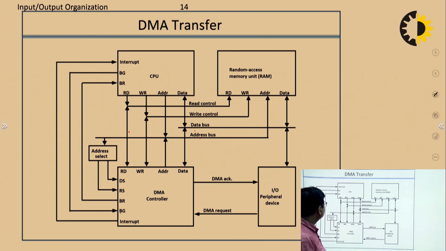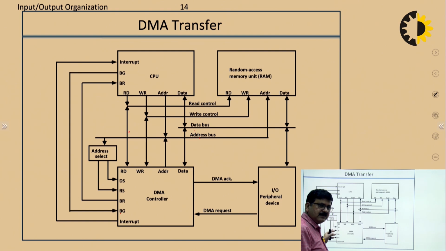So what does the CPU do? When it gets the bus request, then the CPU tells the DMA, first, it selects the DMA, and also tells the address select.